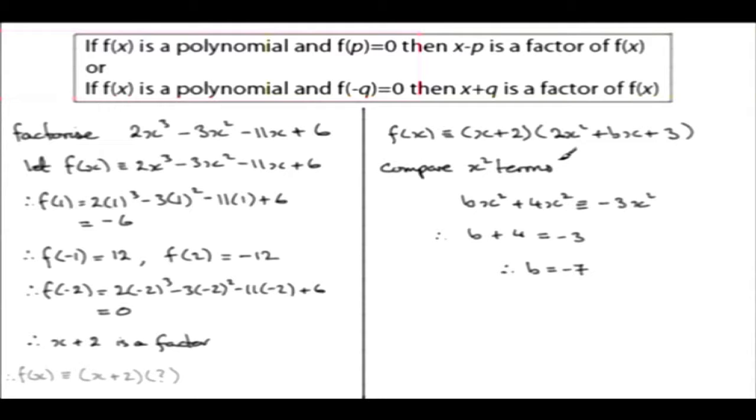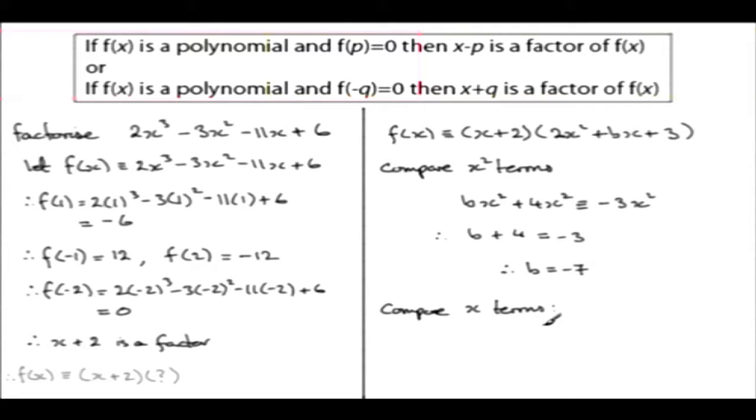We didn't have to compare the x squared terms though. We could have compared the x terms, and I'll run you through that one. Okay, if we were to compare the x terms, how would that have fallen out? Well, when we multiply the x throughout here, the only x term we're going to get will be when we do x times the 3.